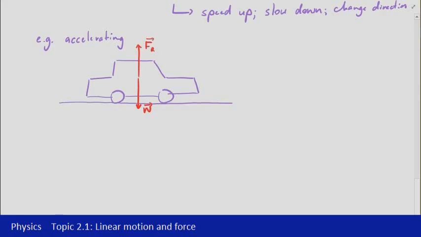In this case though, if it's accelerating, if our frictional force is that one there, for it to be accelerating it means there needs to be an unbalanced force. You can see I've drawn this arrow significantly longer than the frictional force, just to really accentuate the point. So in this case, this car would be moving that way with a velocity, but it would also be moving in that direction with some acceleration.